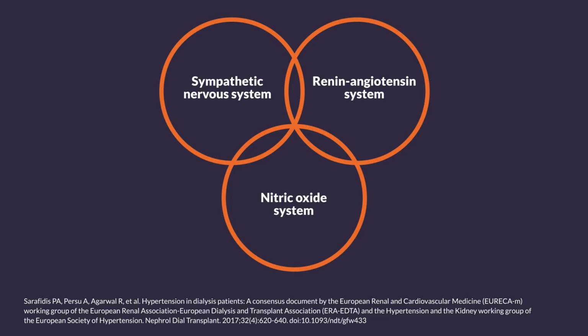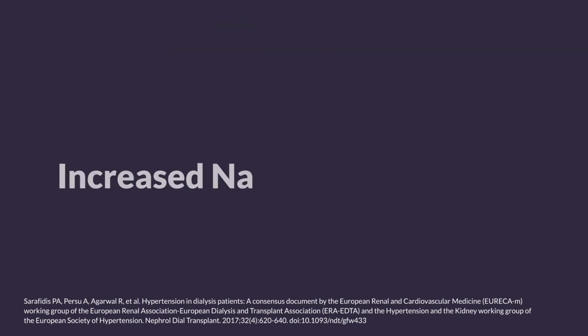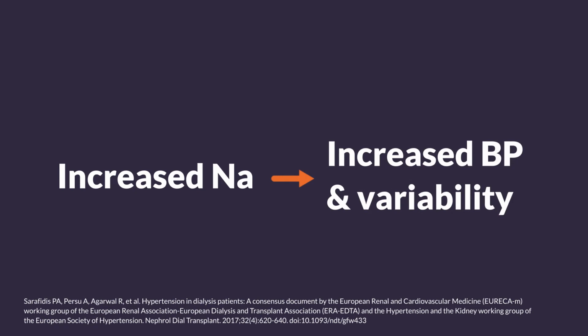If that system is dysfunctional, one of the key results is that you become salt sensitive. So a little bit of salt will dramatically cause increases in blood pressure, contribute to blood pressure variability, and that is not good for stroke and for other cardiovascular risks. And that's very prevalent in dialysis patients.